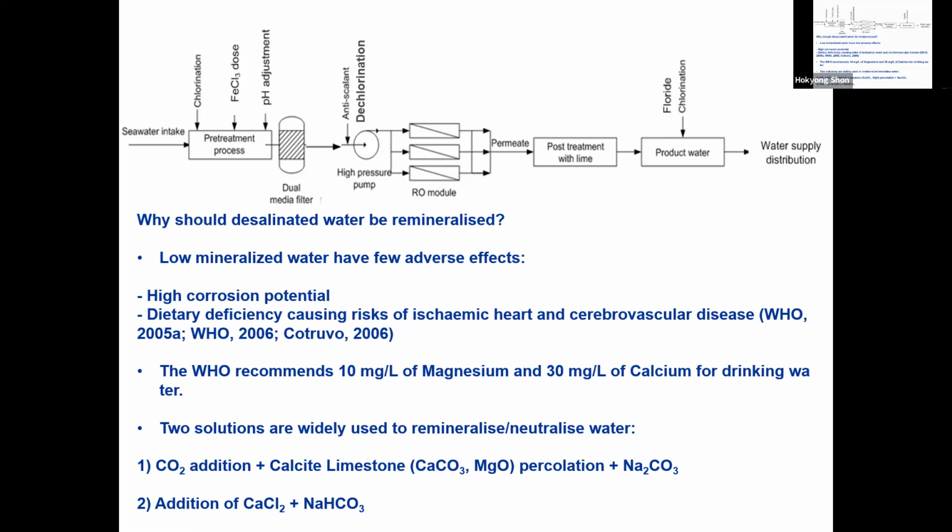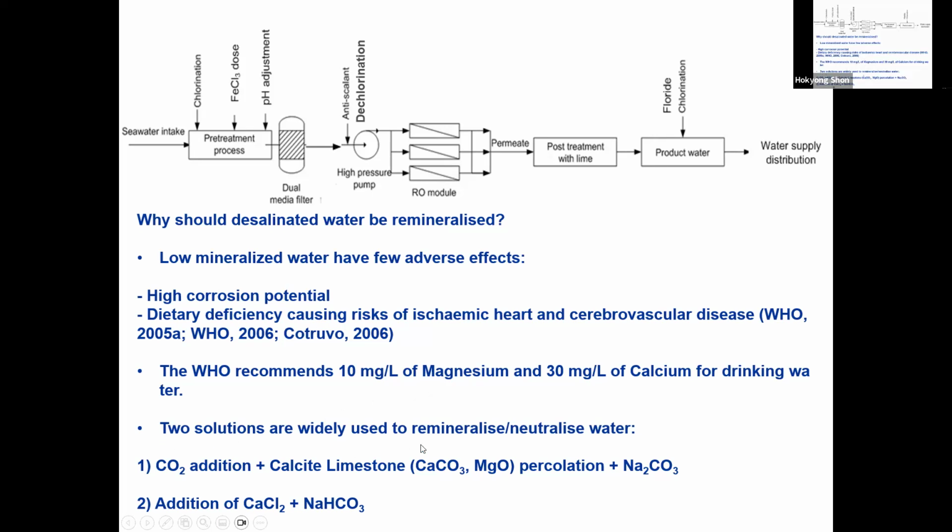Calcium and magnesium are a very good source of nutrients and make our metabolism more active. So people put some calcium and magnesium inside, and then you can have a better quality of remineralized water.